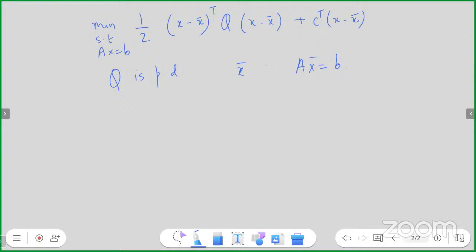You can show it has some square term, fine, plus some constant. The Q is being given for you to be positive definite, so automatically something is for free. You can take square roots. That makes it easier. That's very important. Even if Q is positive semi-definite, it is okay.